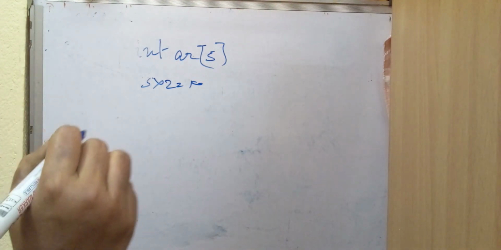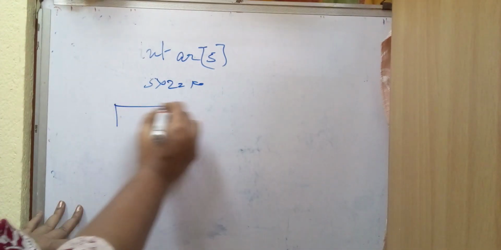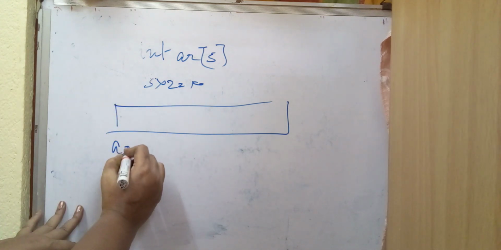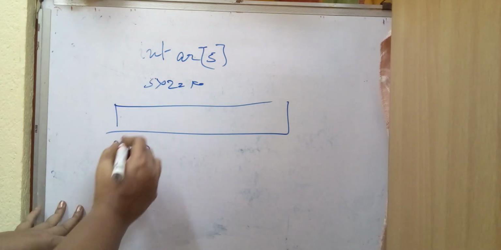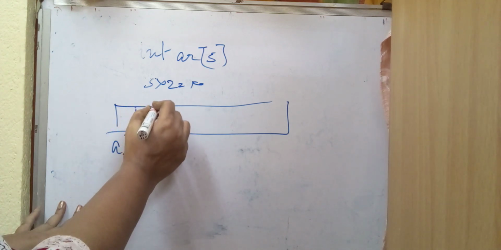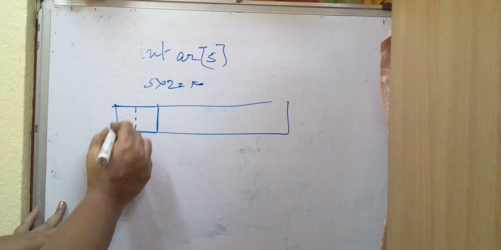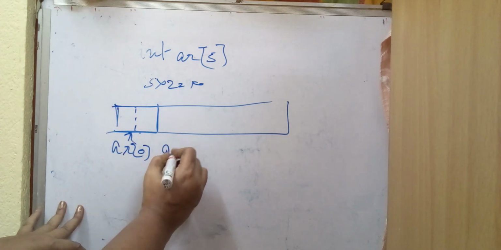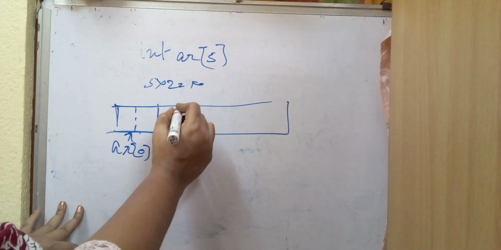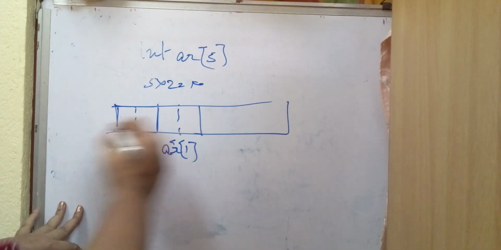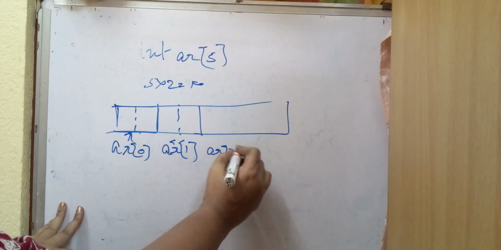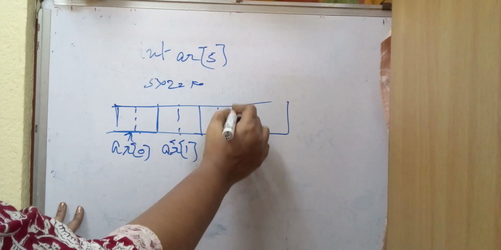If I draw again, AR0, the first element, will be of 2 bytes, second AR1, third one.